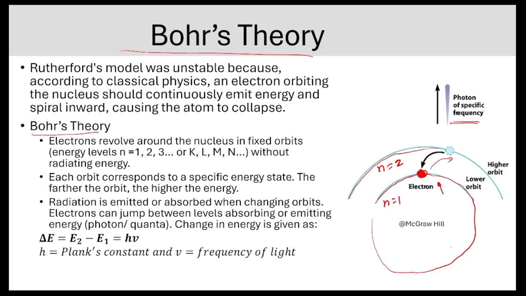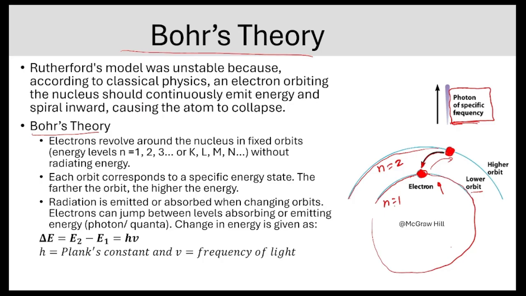It will absorb some energy to do so. And in other words, when an electron in a higher energy level drops to a lower energy level, a lower orbit, it will emit some energy in the form of a photon.